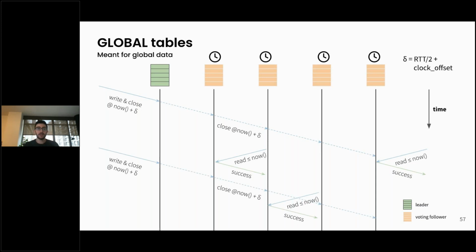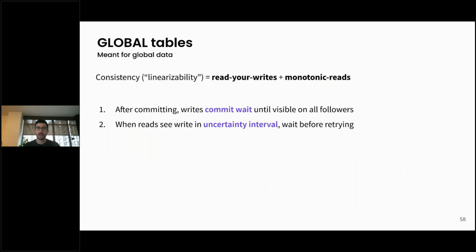The way to think about this is that we're scheduling writes into the future and then using clocks to coordinate visibility and not using locks to do so. Now, if there is no contention between reads and writes, this all works beautifully, but that's not really saying much. If there is contention, how do we ensure consistency?